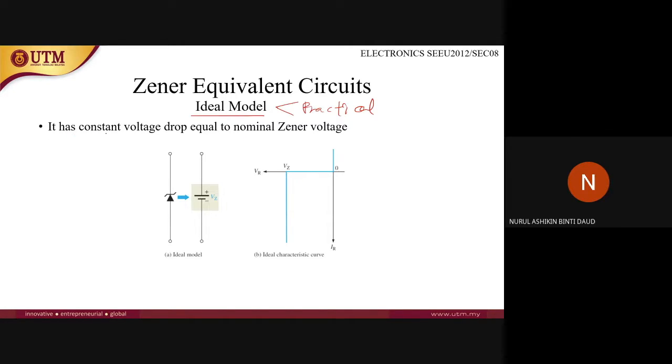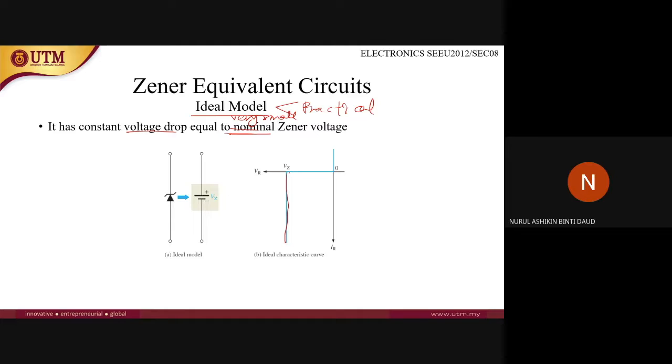For the ideal model, it's very easy. It has a constant voltage drop equal to the nominal Zener voltage. What does nominal mean? Nominal means a very small Zener voltage. We assume that inside the Zener diode there is no impedance, no resistance at all.